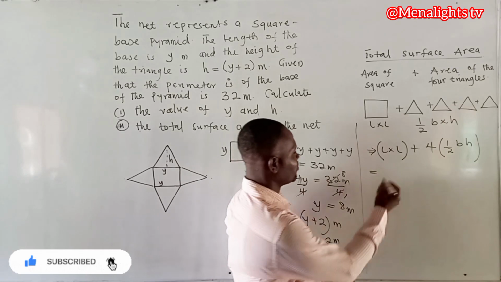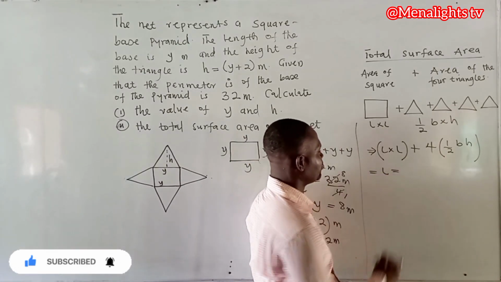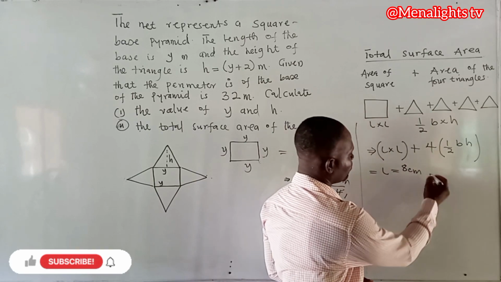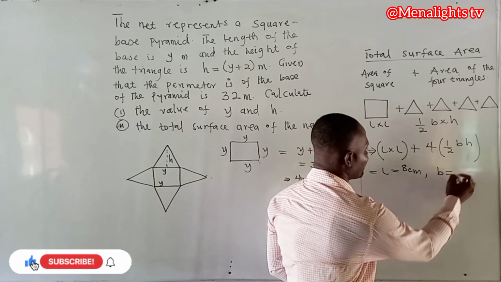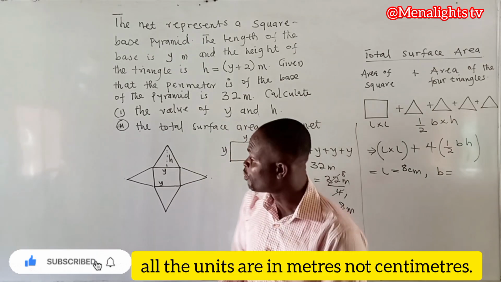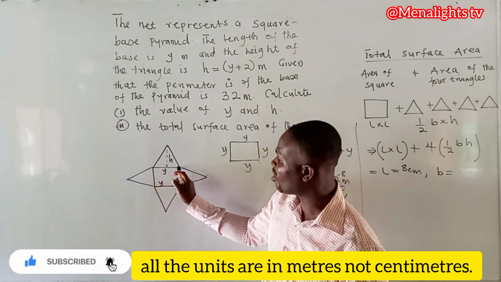From the question, the length of the square is 8 meters. The base of the triangle is also 8 meters, because the triangle is sitting on this.